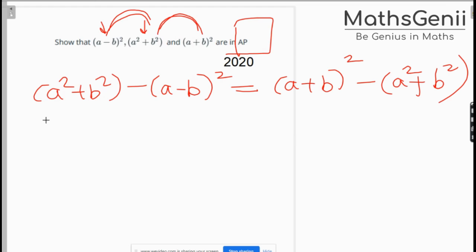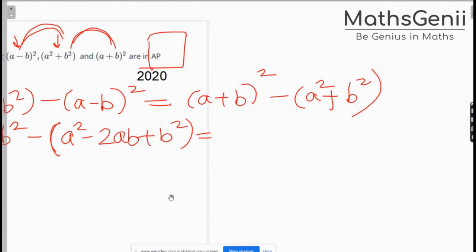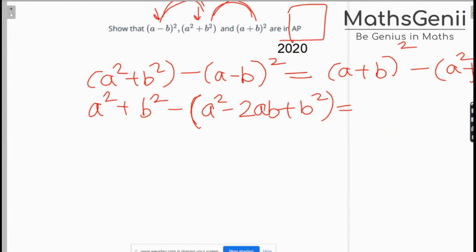So let's try it out. This will remain as it is. I can't do anything of this. Minus. Always respect the minus sign and put a bracket. Then a minus b the whole square formula everyone knows. A square minus 2ab plus b square is equal to. Then a plus b the whole square formula everyone knows. So let's just first solve this side only.